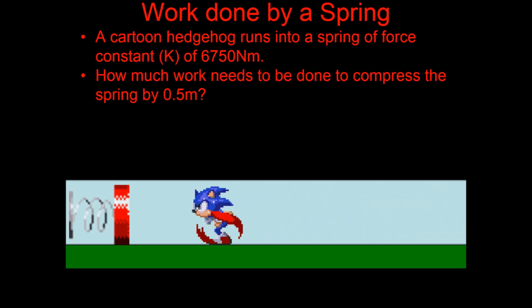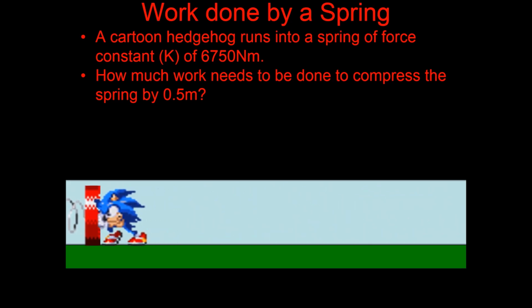Well, Sonic comes in, hits the spring, compresses the spring. Now, as we just said in the previous example, as he hits this spring, he's going to come in with a kinetic energy of half mv squared and impart that energy to the spring. That's going to do work. Work compressing the spring will of course be half kx squared.